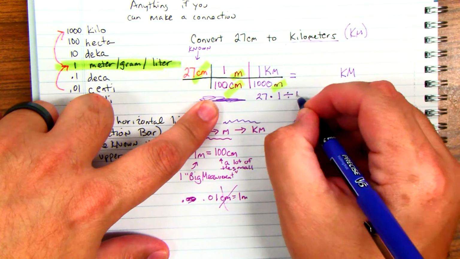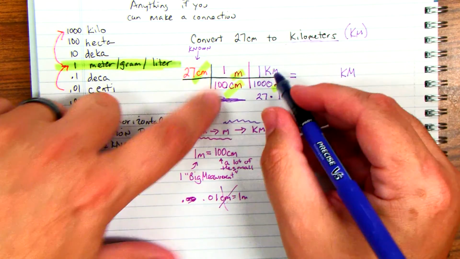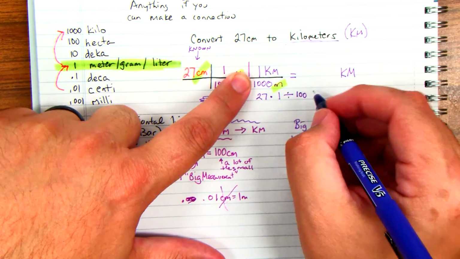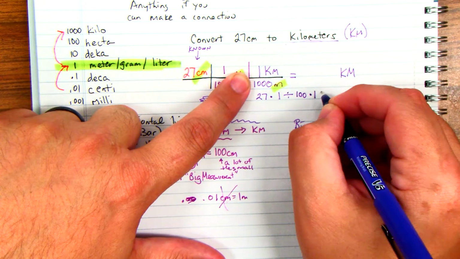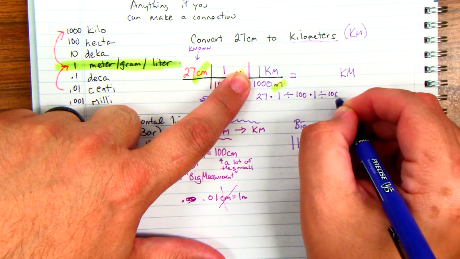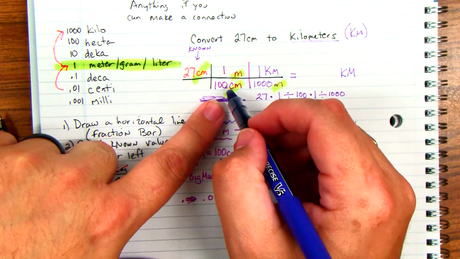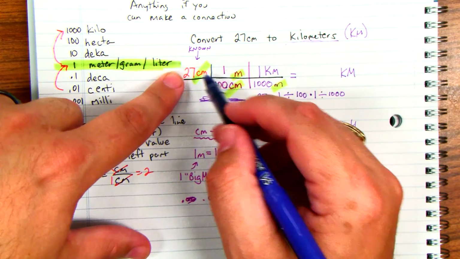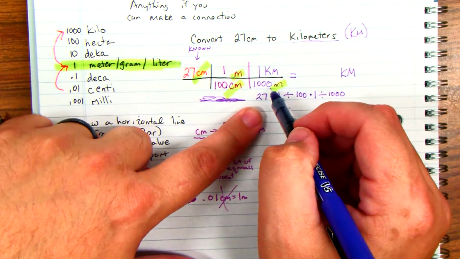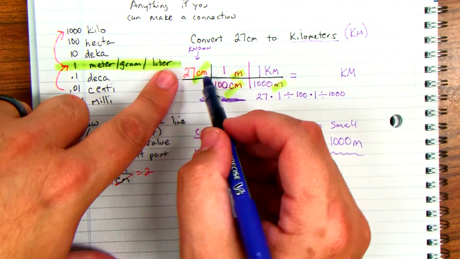We're going to multiply by the 1 and divide by the 1,000, which is right here. So we're going to take 27 divided by 100, then divide it again by 1,000. So if it's in the top, we multiply. If it's in the bottom, we divide.